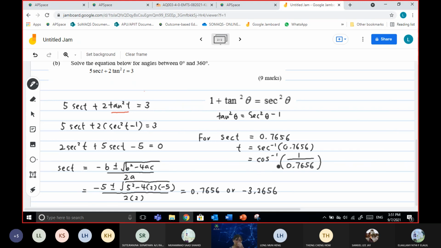However, since the value in the bracket is greater than 1, you can't solve it. So for this one, there is no solution.